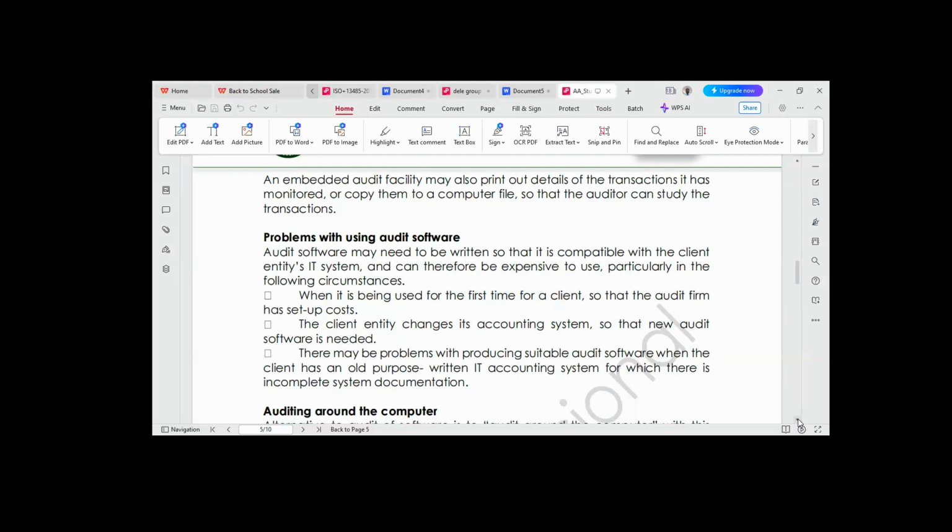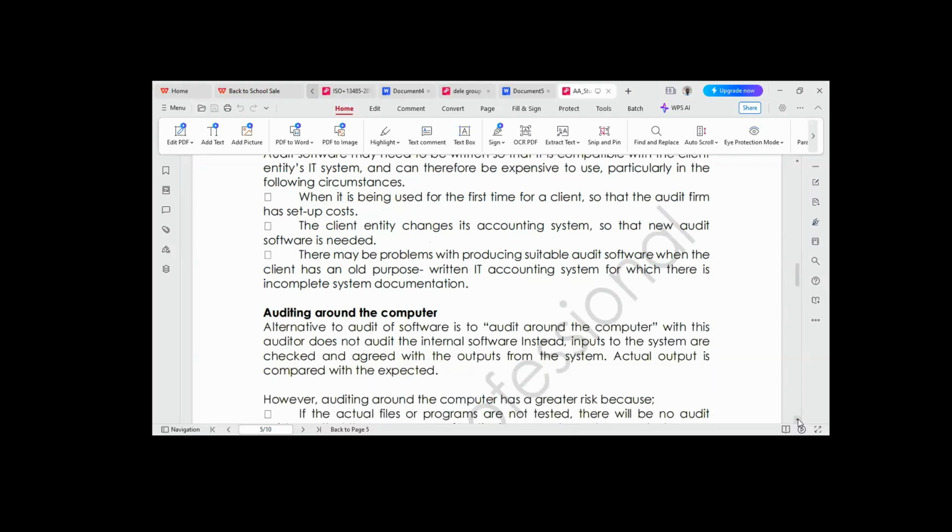I hope you get that. And you know that audit software, like I said, goes into the system and tries to understand how the system operates based on the way it has been programmed, because it's a set of computer programs, or instructions, configured or designed to extract information from the client server. Then we have another one which we call audit around the computer.